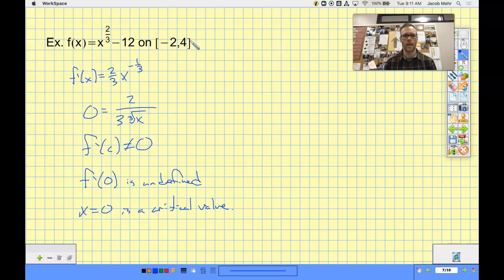So now let's take the endpoints and our critical value and let's evaluate them. And let's put them in order. So negative 2, we need to evaluate at 0, and we need to evaluate at 4. All right, at negative 2, we're going to substitute in negative 2 to the 2/3 minus 12.